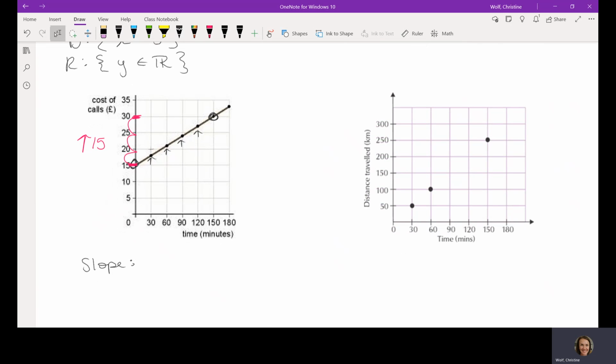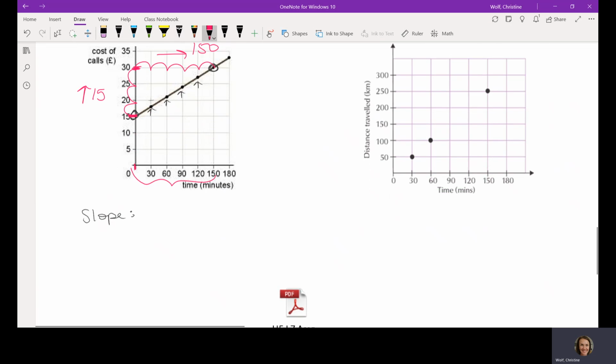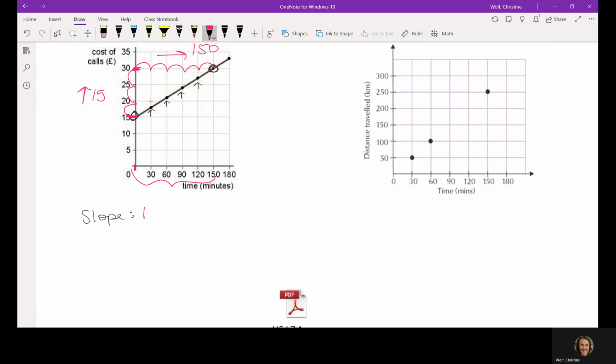But here, rising 3 actually means rising 15. And then I'm going 1, 2, 3, 4, 5 to the right. But if you look down here, I traveled from 0 all the way over to 150. So 15 up, 150 over, and they're both positive. So 15 over 150, reduce that to 1 over 10. Always reduce if possible. I just divided each one by 15.